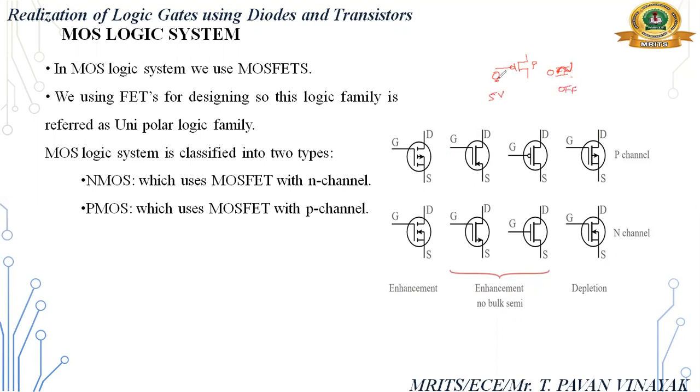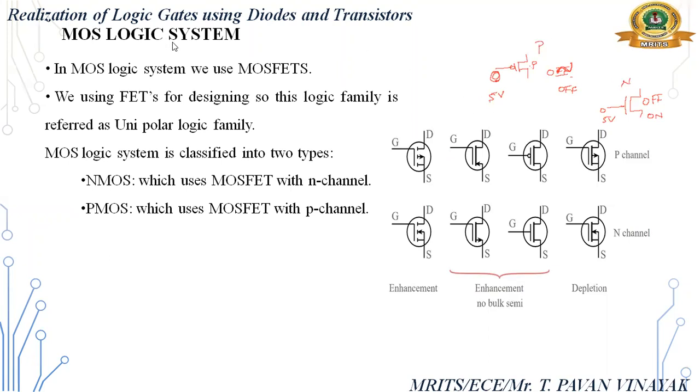Whenever you give 0 volts, it is on; whenever you give 5 volts, it is off, for P channel. And for N channel, whenever you give 0 volts, the transistor is off. Whenever you give 5 volts, the transistor is on. This is N type. This is P type.